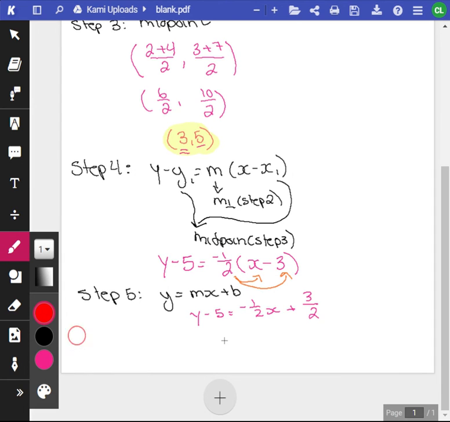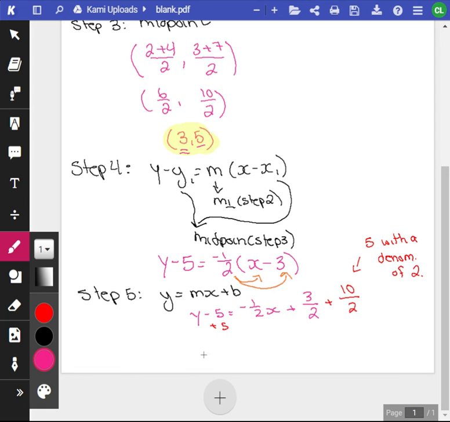Then we need to add 5 to both sides. Another way to write 5 so that we have a common denominator is 10 over 2. So this is 5 with a denominator of 2.